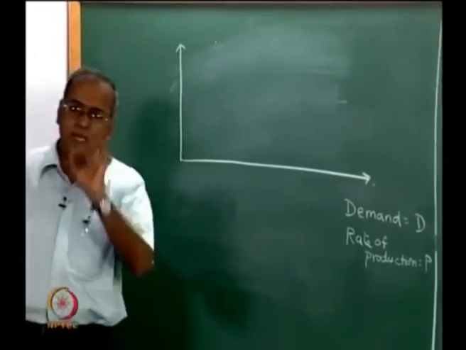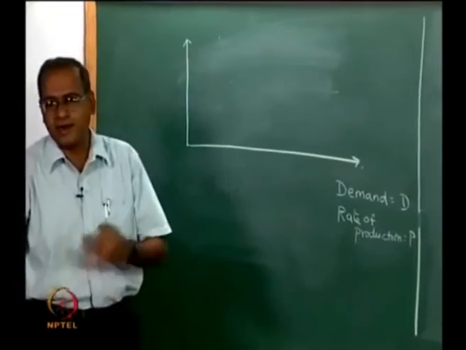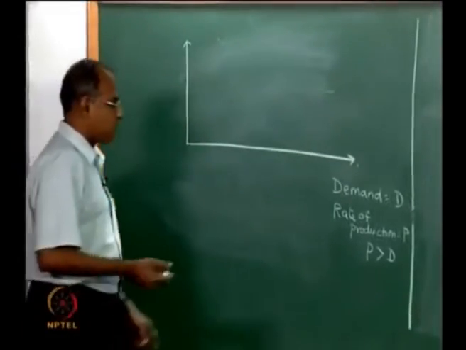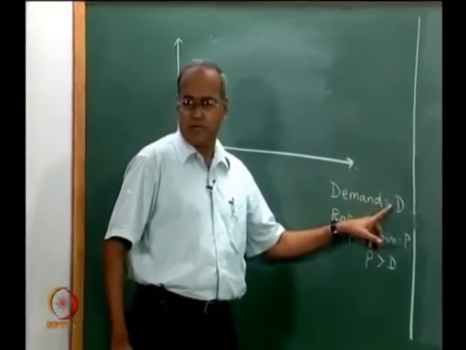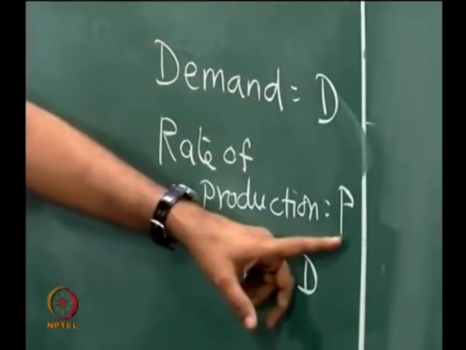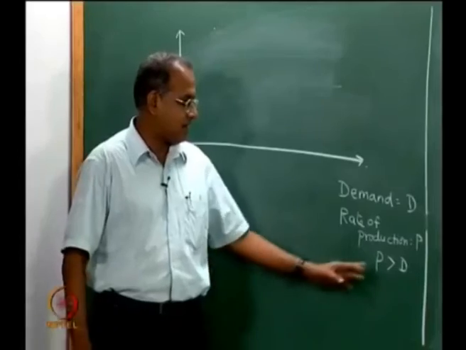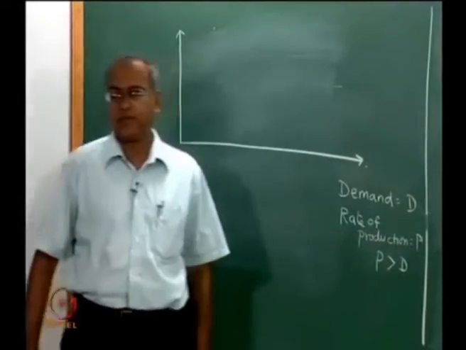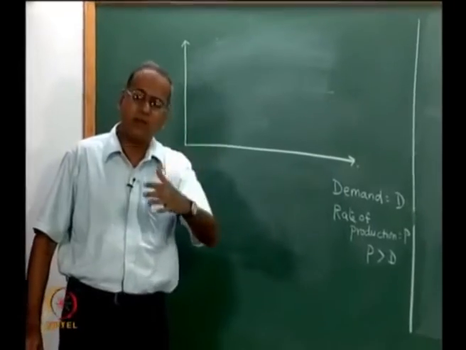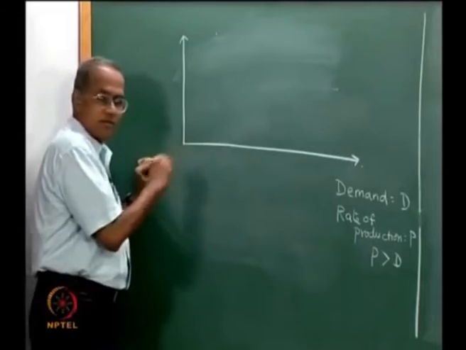Now if we have to meet the annual demand of this item, obviously our production rate has to be higher than the demand. Since we have to meet the annual demand D, it is only fair to assume that the production rate is higher than the demand, and therefore P is greater than D. Now let us assume that P is slightly higher than D, in fact much bigger compared to D. So let us assume we start producing this item.